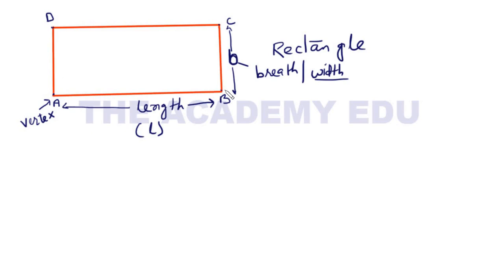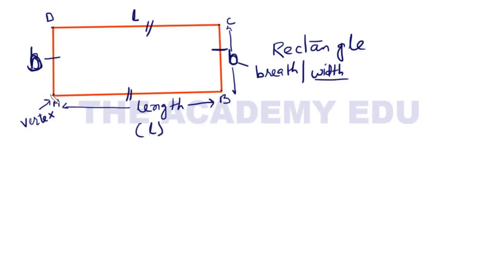So this is length and this one is the breadth. If AB is length, DC is also length. So if AB is l, this one is also l. Suppose BC is b, means its breadth is b. So AD is also b, means this side and this side are the same, this side and this side are the same, right?